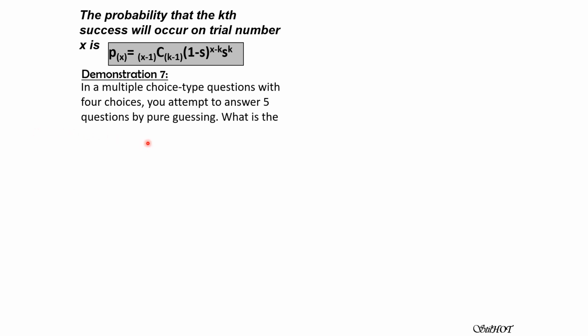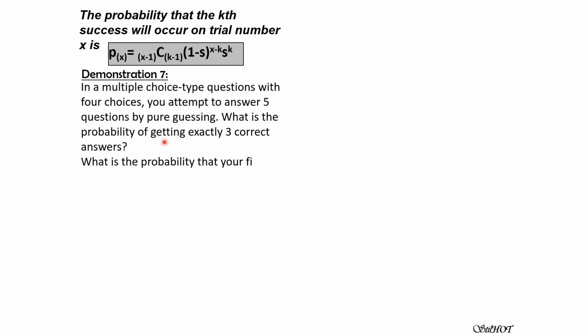What is the probability of getting exactly three correct answers? Three correct answers out of five is 60%. In the board exam, the passing grade is 70%, and take note, there are only five questions. So that probability of obtaining three correct answers is possible.